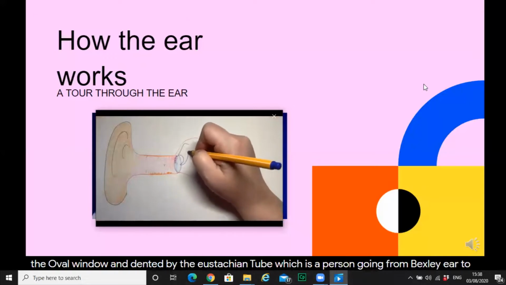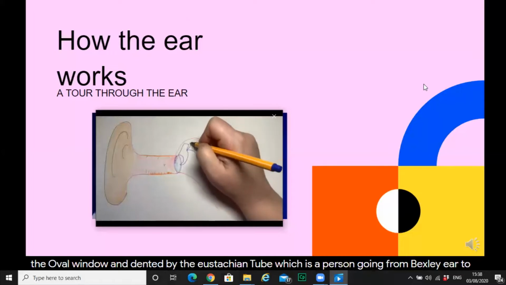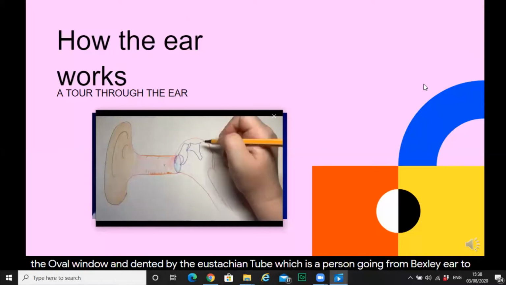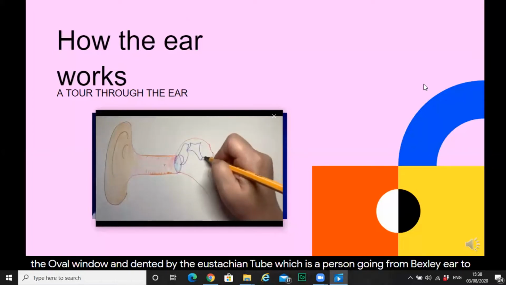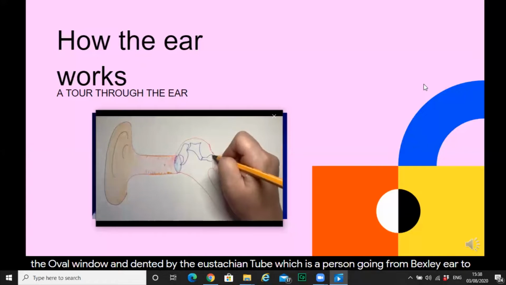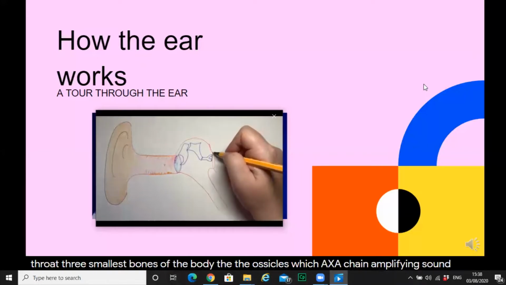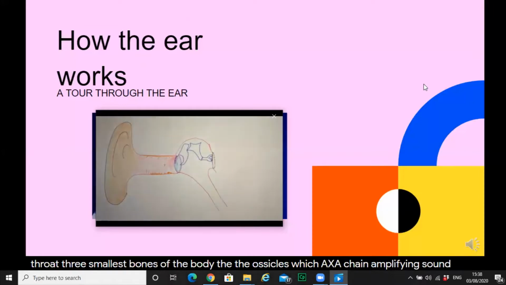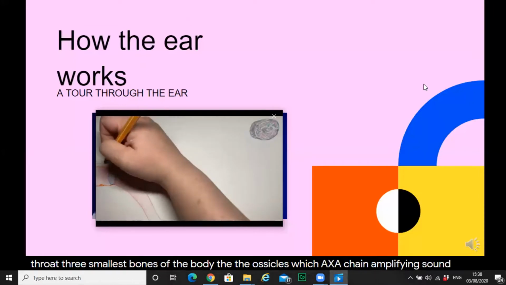In the ear are the three smallest bones of the body, the ossicles, which act as a chain, amplifying sound waves travelling across this cavity, passing the information from the eardrum to the oval window.